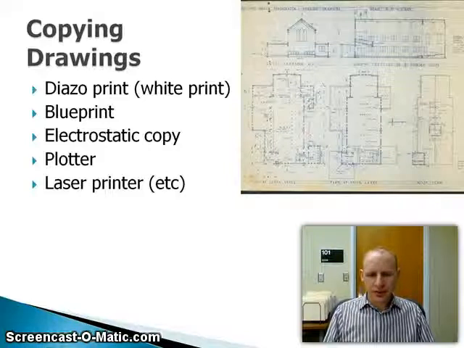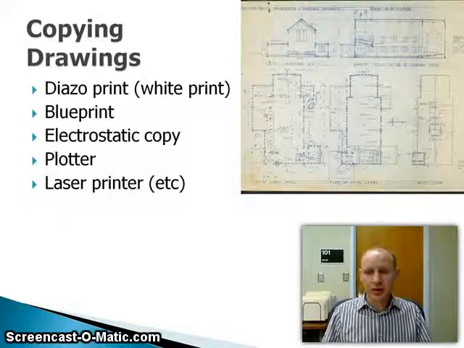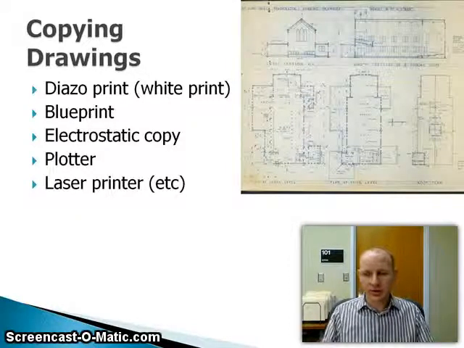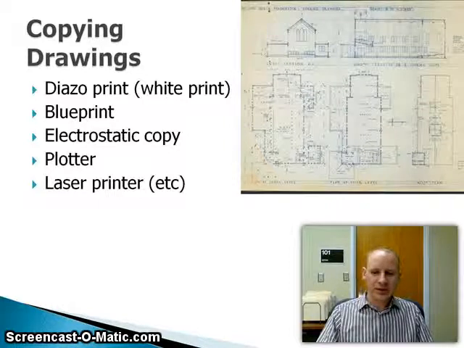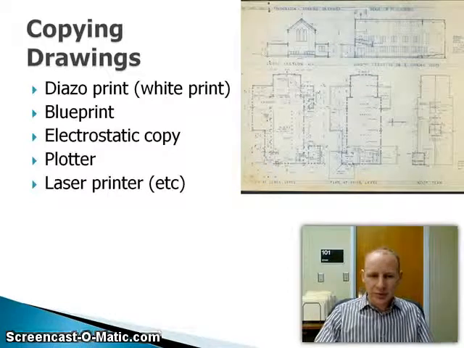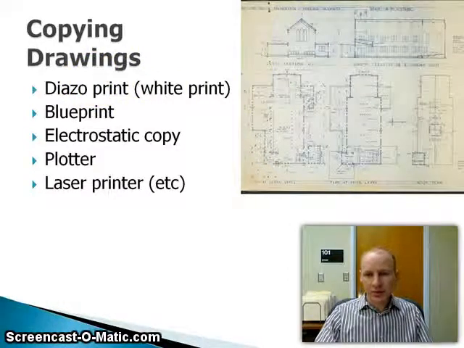Two popular methods were the Diazo print method, which created a white print, or the blueprint method, which is a common term for those documents: where are the blueprints? Show me the blueprints. It gets its name because in both of these processes we use a chemical process to make the copy. Again, we have our original in ink. The difference between a Diazo and a blueprint is simply the color of the ink and the paper.